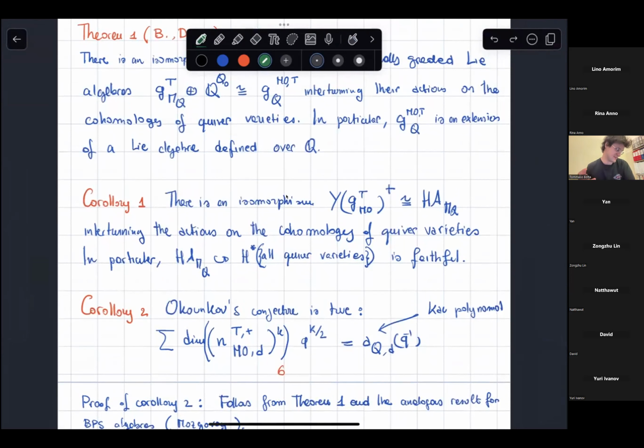This Okounkov conjecture, which I think was formulated around 10 years ago, just after the Maulik-Okounkov Lie algebra appeared, is that the graded dimensions of the Maulik-Okounkov Lie algebra, graded with respect to the cohomological grading, give the coefficients of the Katz polynomials. Here on the right I have the Katz polynomial.